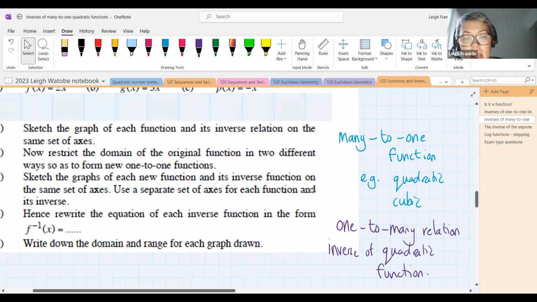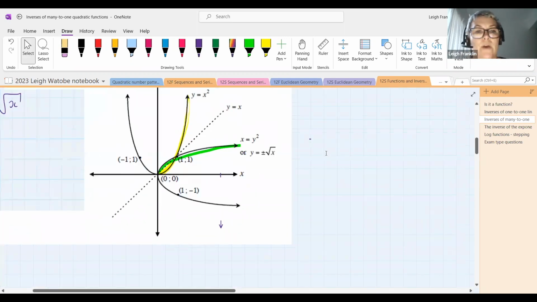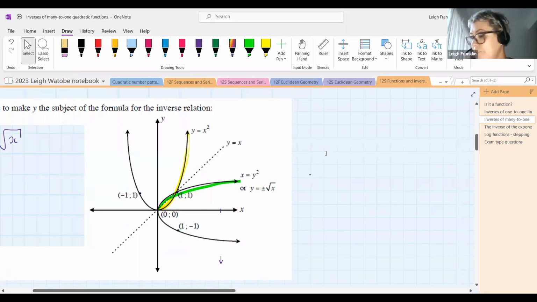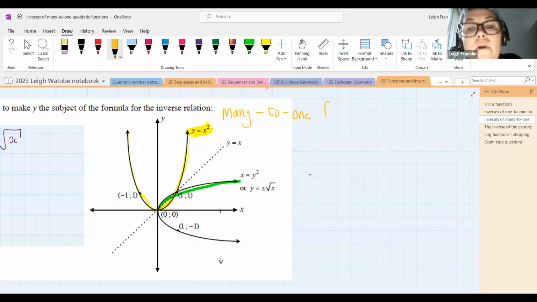Okay, so if I just go back up to my picture, this one is the best one for us to look at. So let's highlight this guy in yellow. The one highlighted in yellow is a many to one function.